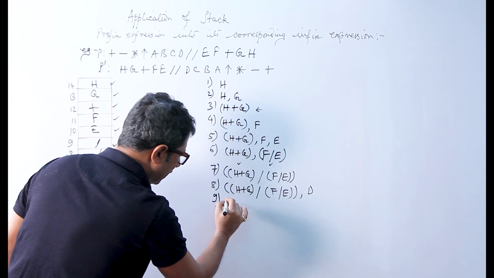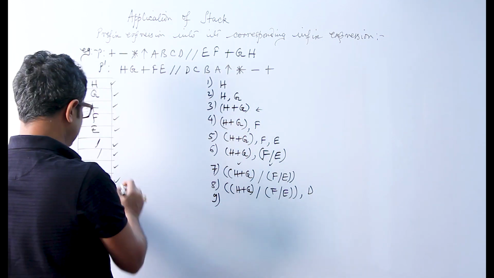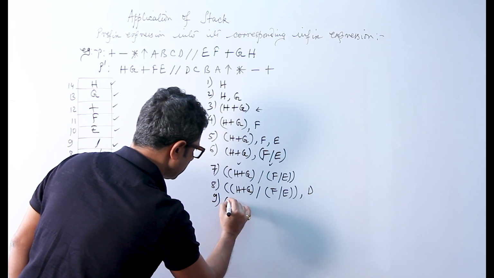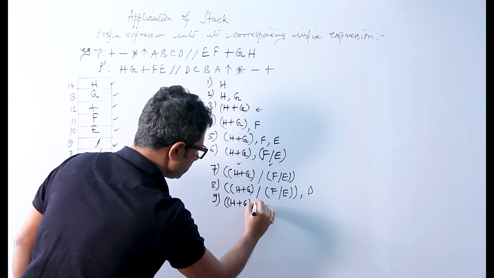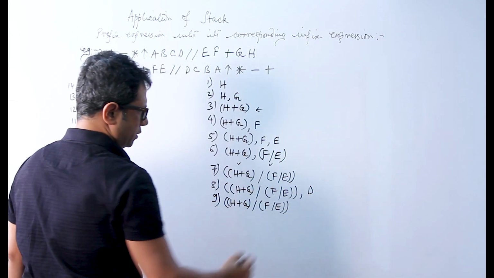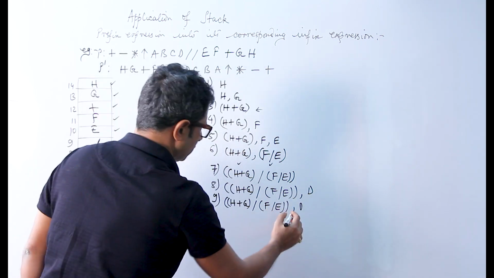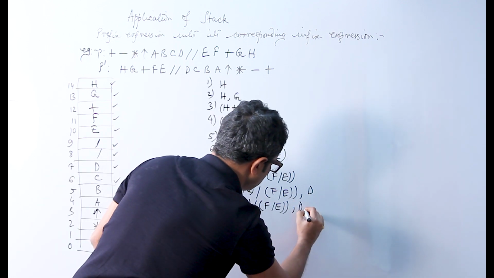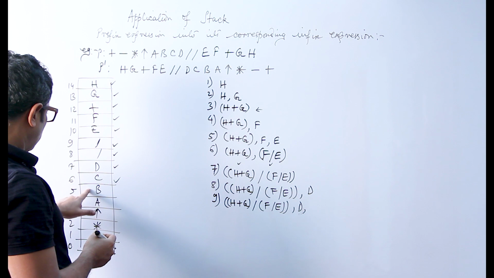And after that we see that we encounter c, another operand. So that will be like this: h plus g slash f slash e, d followed by c.